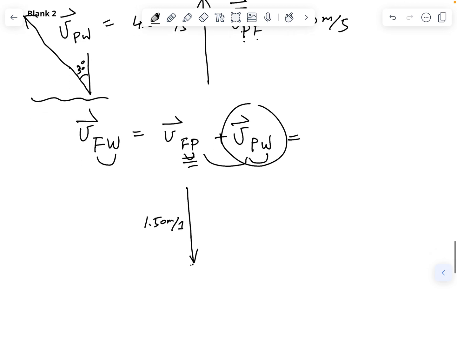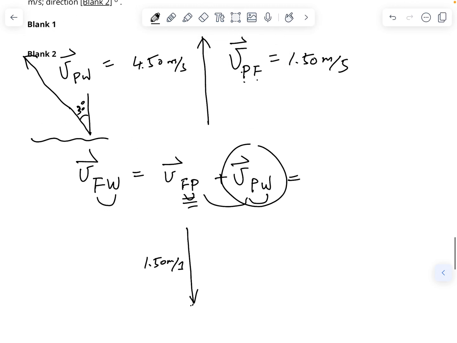What we do here is use the components method. So v ferry to the water x equals v ferry to passenger x plus v p w x. Ferry to the passenger x is 0. What is this vector's x, passenger to the water?